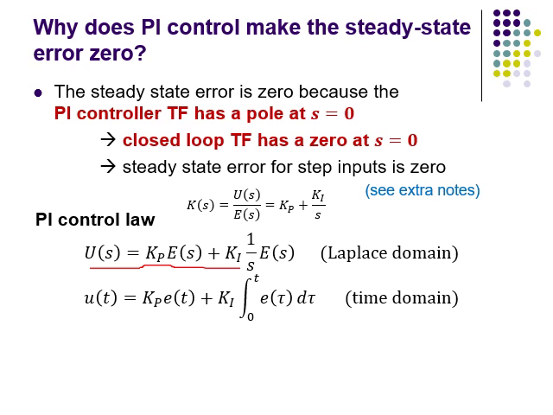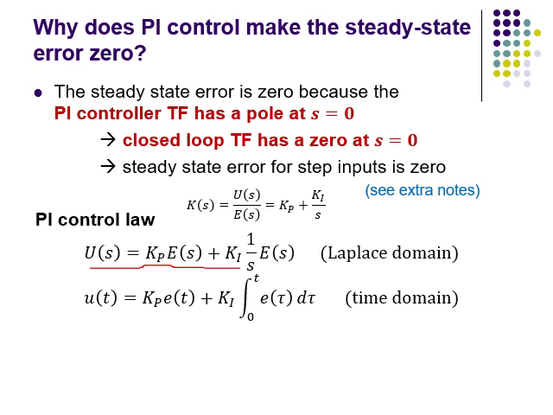So this is an integral term, and to understand why we call this an integral term, you can see that if we take the inverse transform, so if we change the control law from the Laplace domain to the time domain, then the term 1 over S gives us this integral term in the time domain.